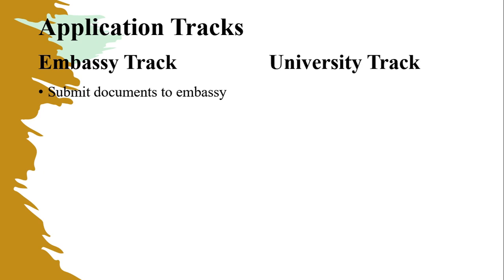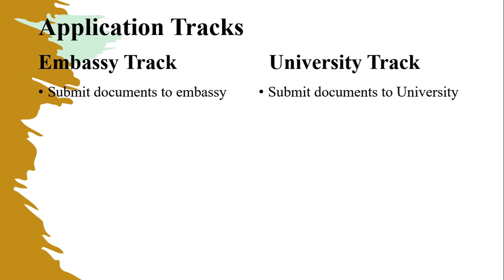For the embassy track, you will submit photocopies of all your documents to the embassy. What documents are required, and whether they must be apostilled, notarized or consular authenticated, I will explain in the coming videos. But at the moment, you should understand the basic difference between these. Submit documents to the university when you are applying for the university track.